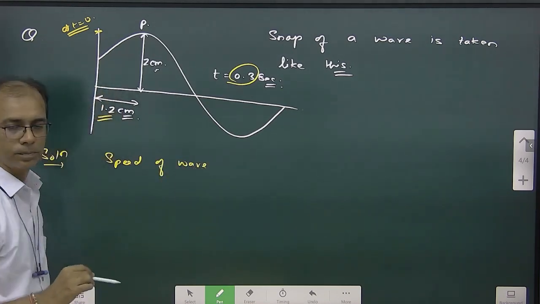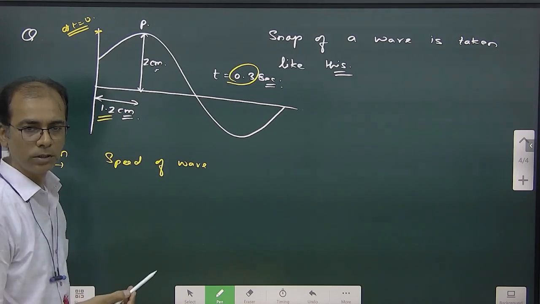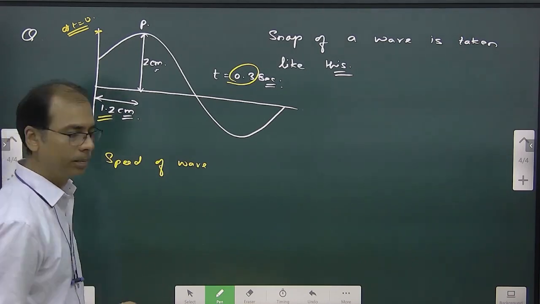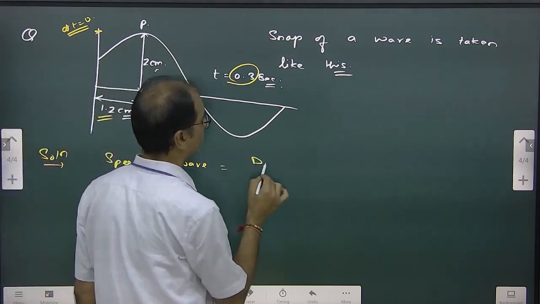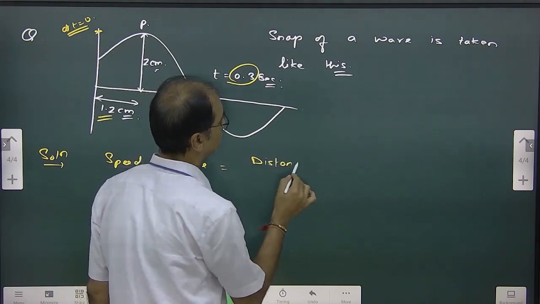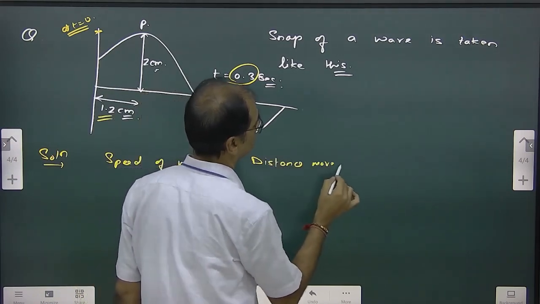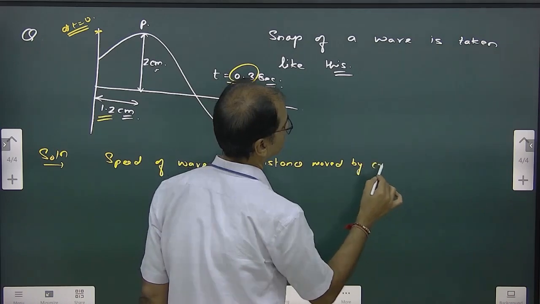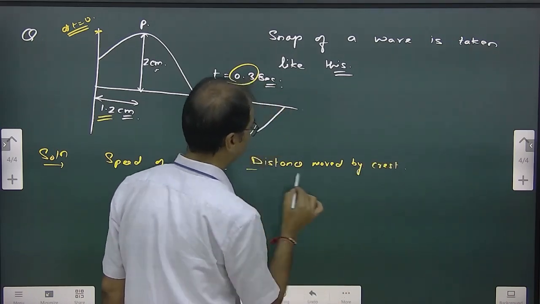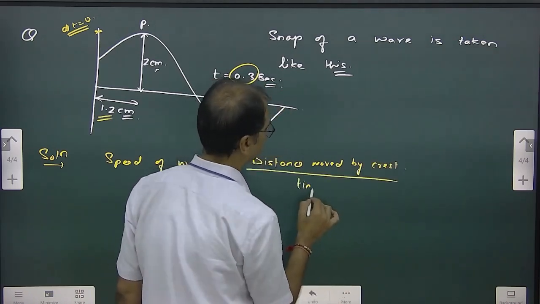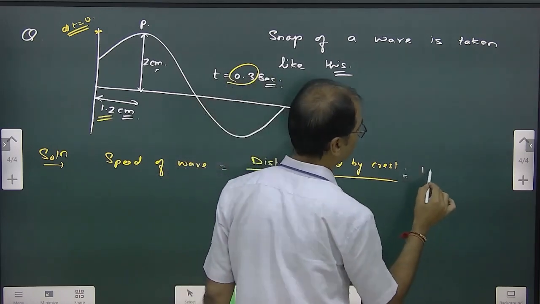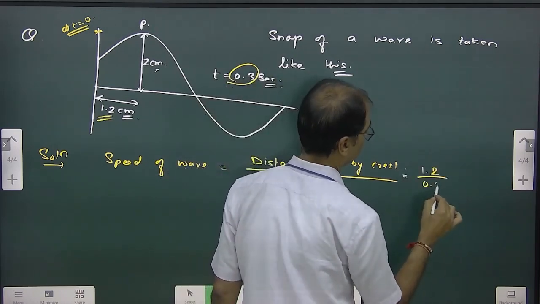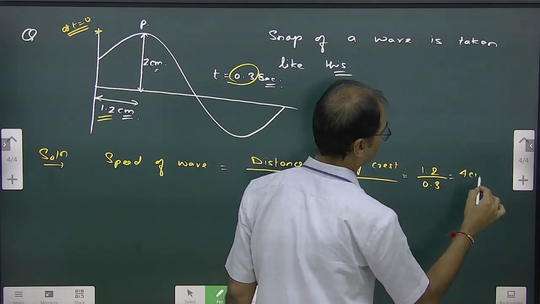Speed of wave, what is it? Distance moved by disturbance by time. Distance moved by crest by time. 1.2 and 0.3, that is 4 centimeters.